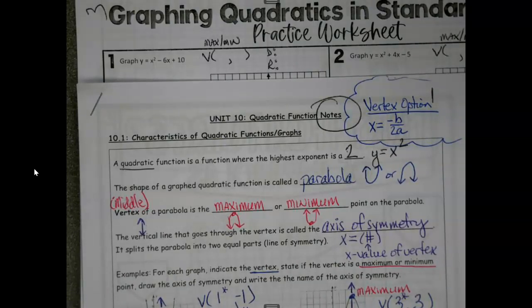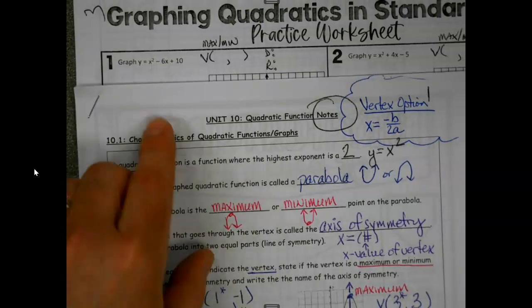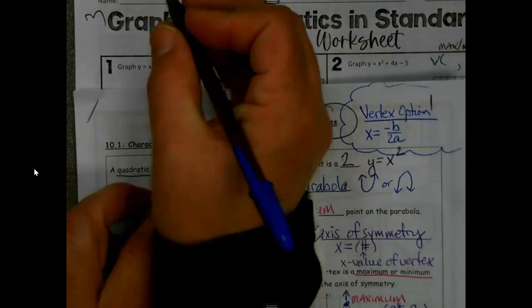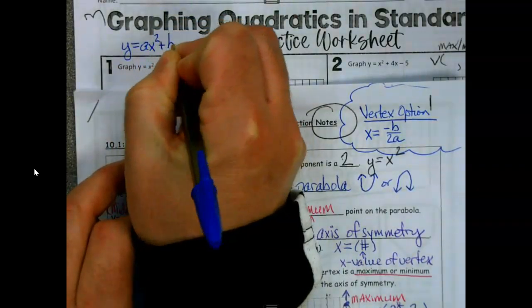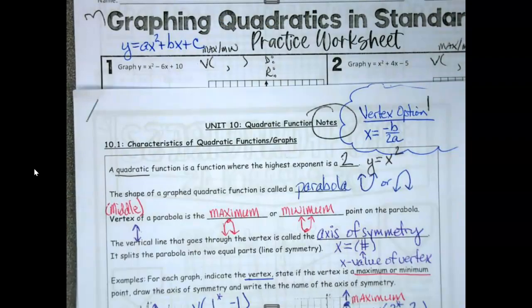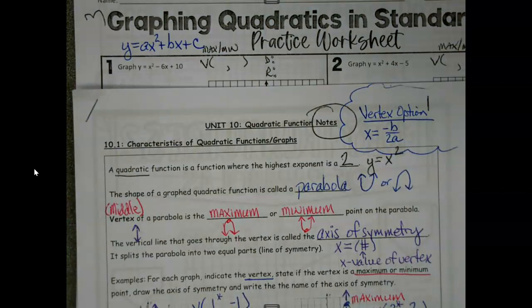So when you're looking at your equation like we are here, and I'm going to do these at the same time, this is, in math terms, what we call the generic form of a quadratic equation. And so all that a, b, and c are is the number in front of x squared, the number in front of x, and the number that's hanging out on the end by itself.